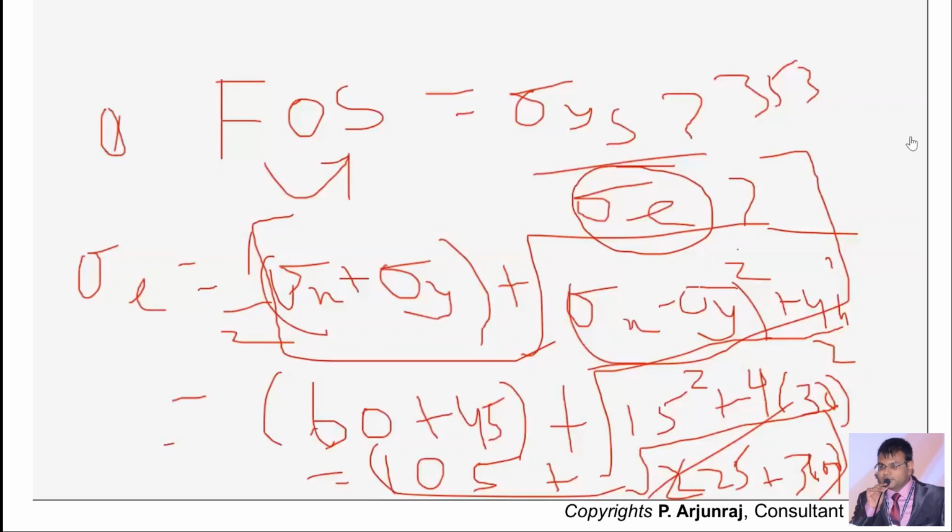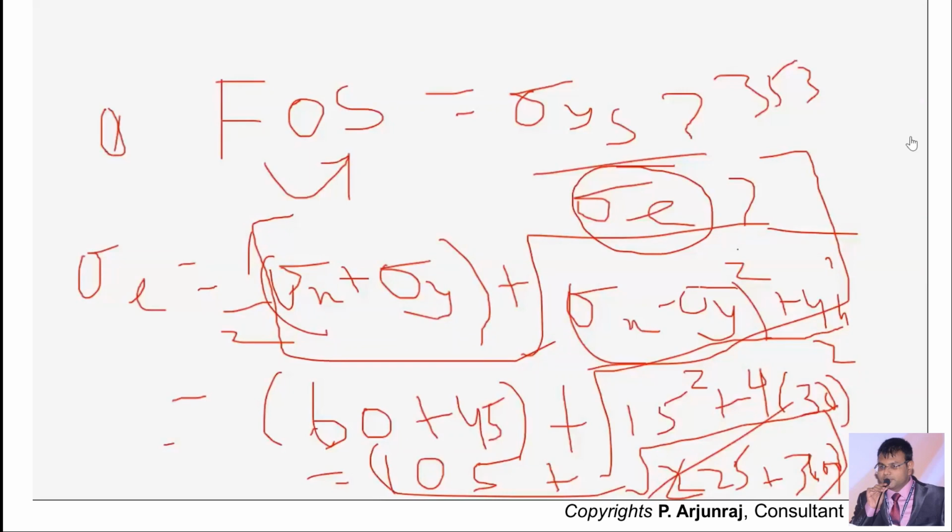Next is the factor of safety, which I told you is the ratio between the yield stress and the equivalent stress. We have found the equivalent stress using the principal stress theory to be 83.4, and as per the given problem, the yield stress is 353.